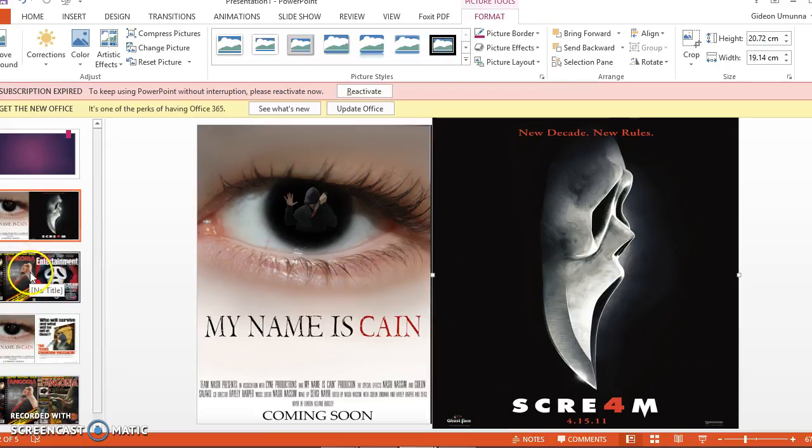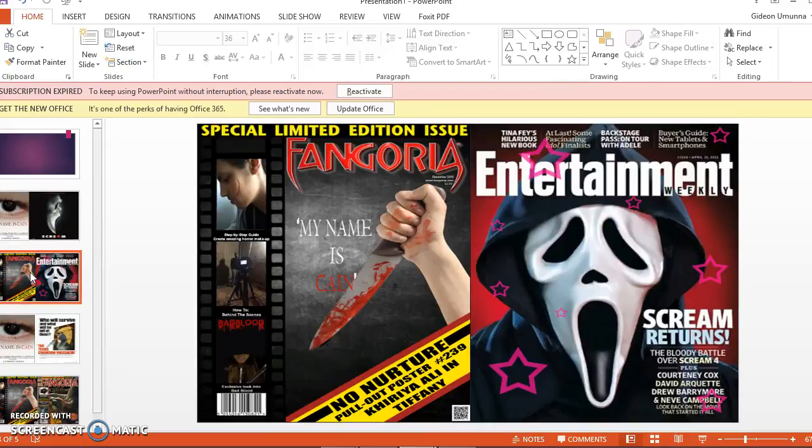Now moving on to the magazine cover. Again, there are a lot of differences. Basically, in ours, we decided to go for our main shot being of the knife, the knife that Kane, our villain and main character, uses to kill people.